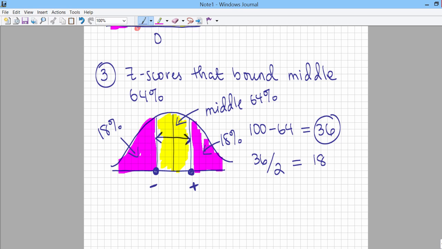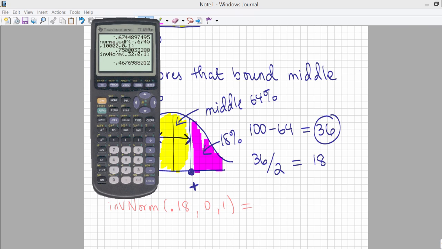So let's go ahead and set up the computation. So what would I do? I do inverse normal 0.18. That will give me a negative z-score, which is fine because then I just take the positive, and that's going to be the z-scores that bound the middle 64%. So let's go ahead and find that value.